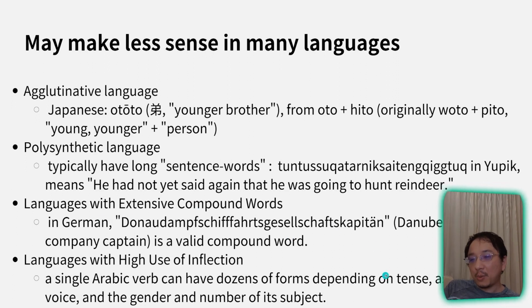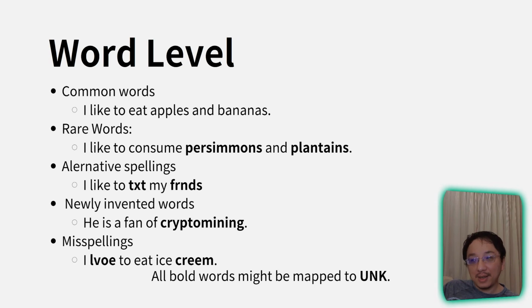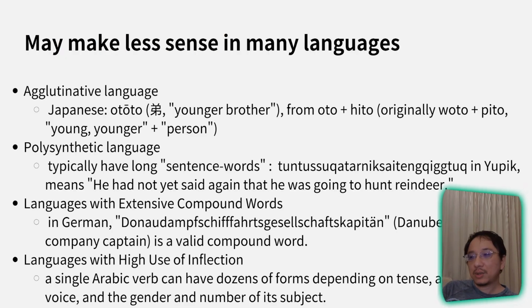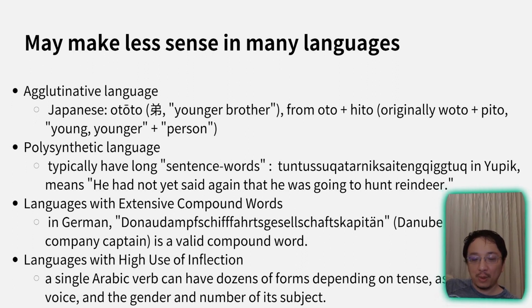So the concept of a word, or at least a finite dictionary of words, is not universal among languages. In fact, even if only English is concerned, there are still too many exceptions, like we discussed in the last slides. Back in 2014 or so, word-level language models were still a very popular approach.